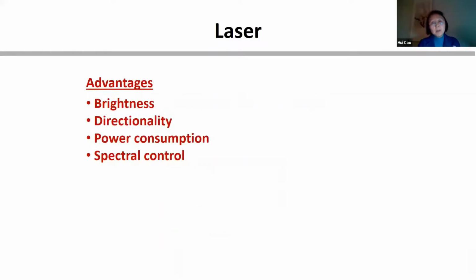I think many of you have used lasers before. What's the advantage of a laser? It's very bright, right? It provides directional output, it's energy efficient, and it also gives us spectral control. We can have different colors. That's all great.